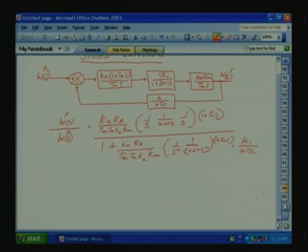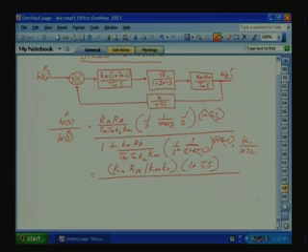Now, if we use the pole zero cancellation, that means if we are cancelling this with this one, larger time constant, then our final transfer function will be of the form Kn Ra by Km K2 into 1 plus T1s divided by, after the cancellation, if you properly write down the transfer function, S cube Tn Tm T1 plus S square Tn Tm plus constant Kn Ra K1 divided by Km K2.